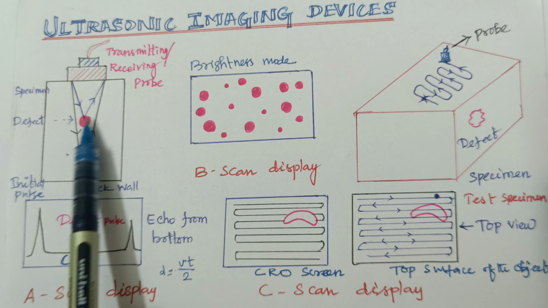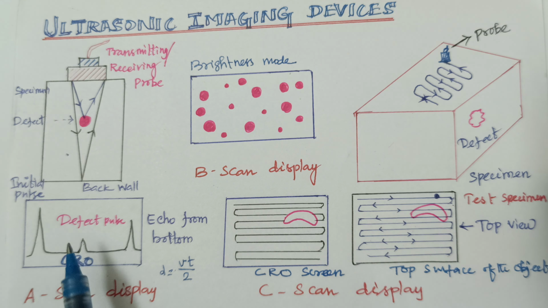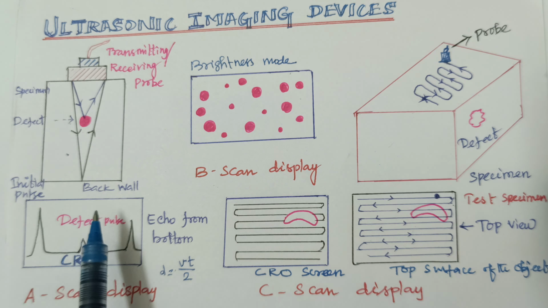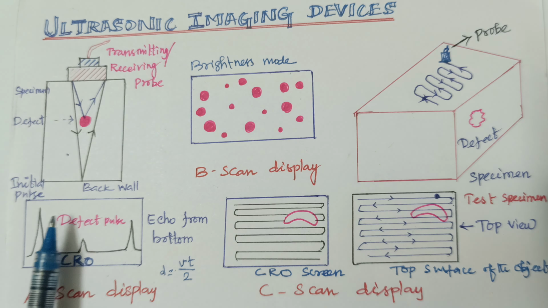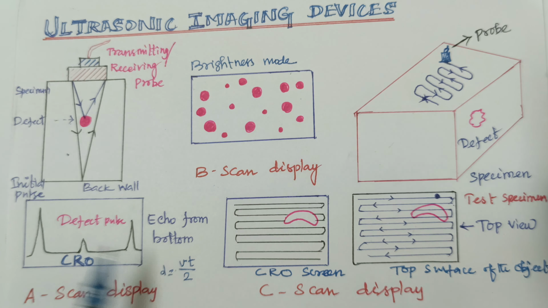If the material has any defect inside, you get in addition one peak, that is the defect peak. From this method you can find depth, and if you know the velocity you can find the thickness of the sample. If you know the thickness, you can find the velocity of the ultrasonic waves, that is V equals 2D by T.